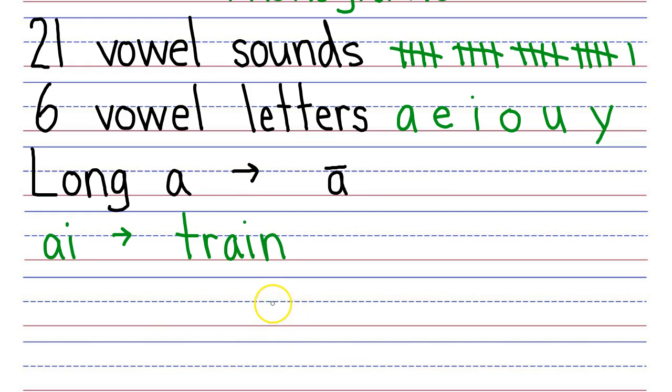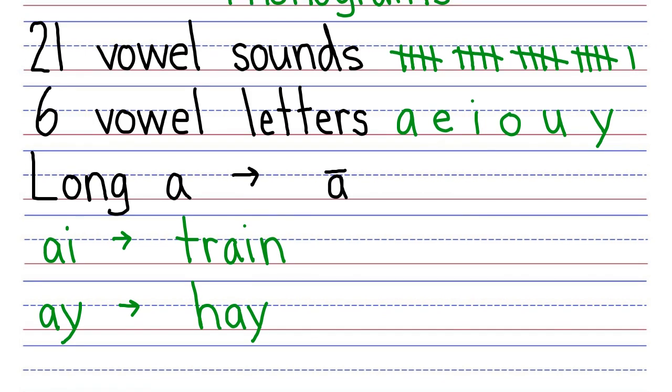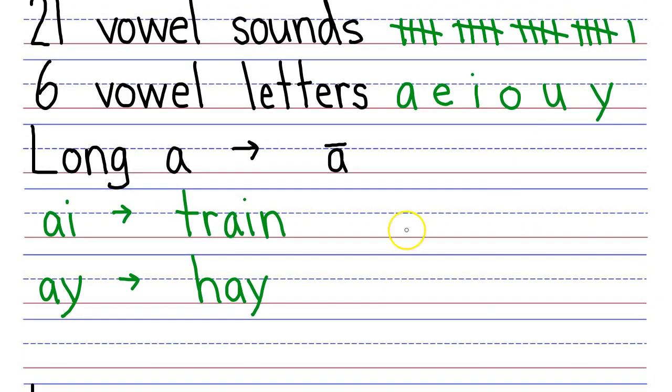Another way to spell A would be AY. This is 2-letter long A that may be used at the end of English words, as in hay. H says H, AY says A. And another option we have for spelling long A is EIGH.